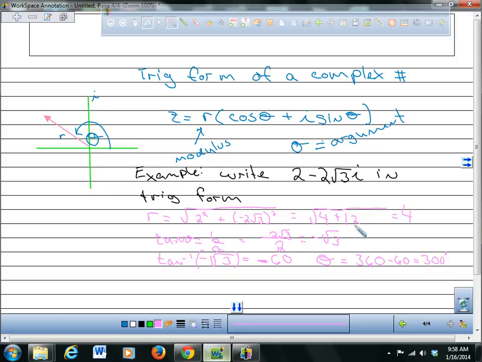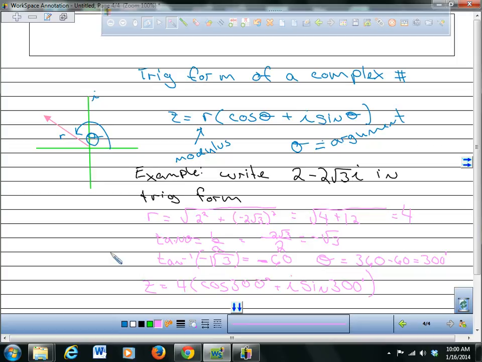Now I have my r and my theta, and I can write z equals 4 times cosine of 300 degrees plus i sine of 300 degrees. If they don't specify, you can write that in either radians or degrees, it doesn't matter. Questions on that?